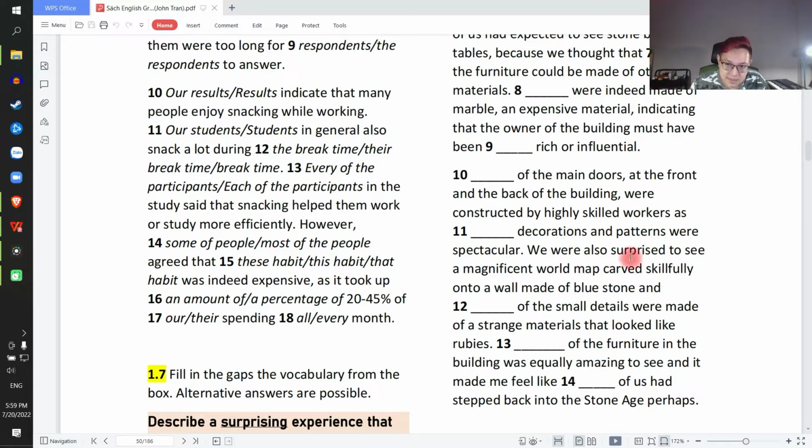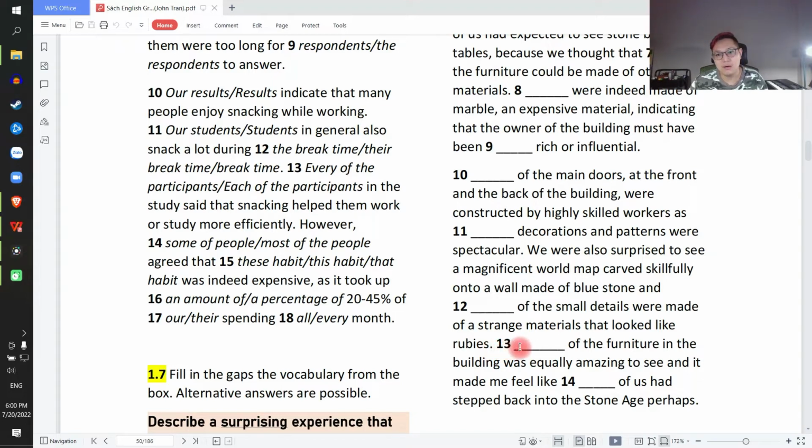We were also surprised to see a magnificent world map carved skillfully onto a wall made of blue stone. Blue stone. And 12. All or some of the small details were made of a strange material that looked like rubies. 13.